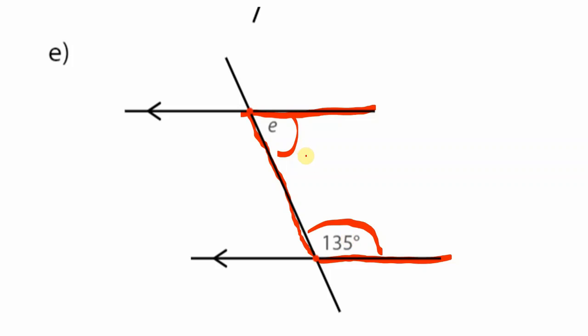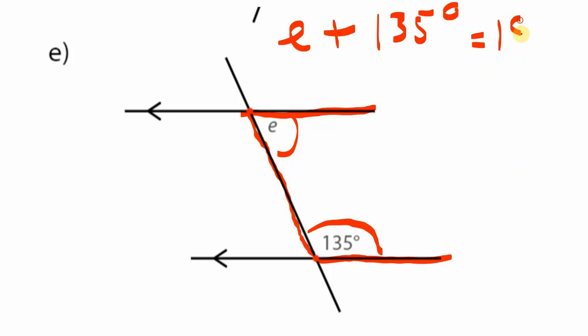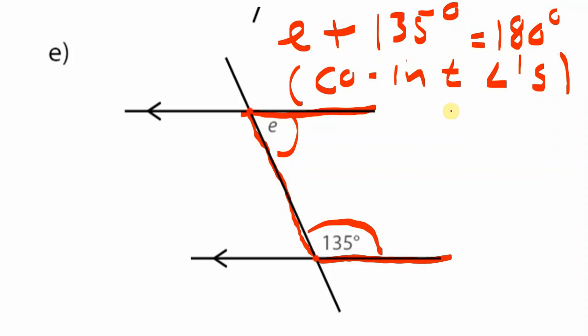They are inside, so it's interior, so it's co-interior angles. We know co-interior angles are supplementary, or add up to 180 degrees. So we can make the statement E plus 135 degrees equals 180 degrees. Reason being co-interior angles. Co-int angles, perfect abbreviation. Don't have to write out co-interior angles.